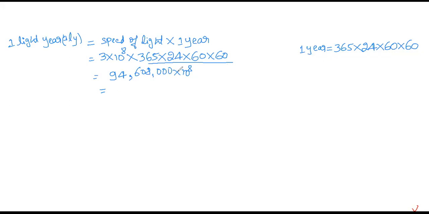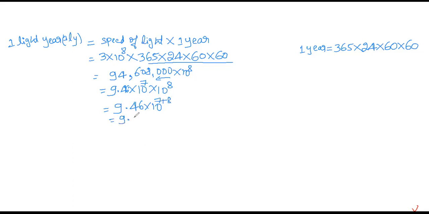But we can convert it: counting 1, 2, 3, 4, 5, 6, 7 places, we shift the decimal to the left. Therefore, 9.4608 into 10 to the power of 7 into 10 to the power of 8. Therefore, finally we get 9.4608 into 10 to the power of, if the bases are the same, add the powers, 7 plus 8.